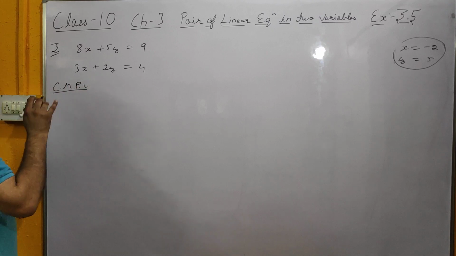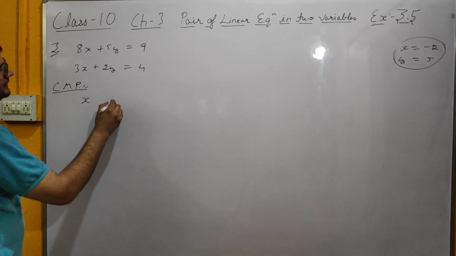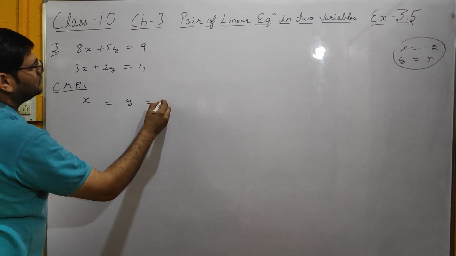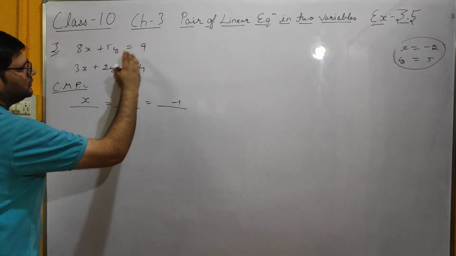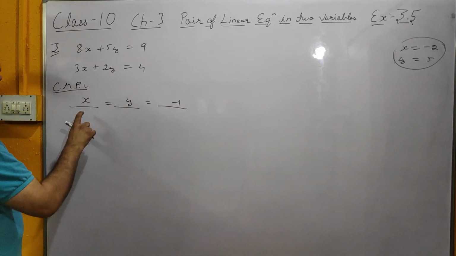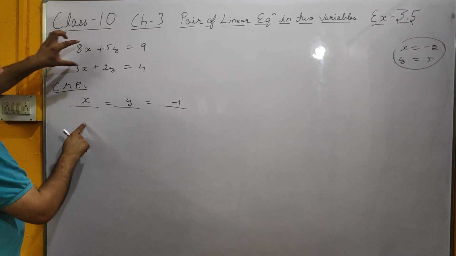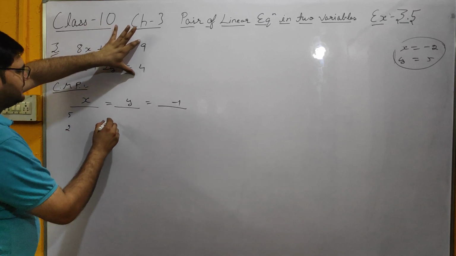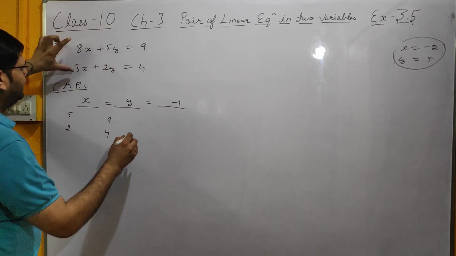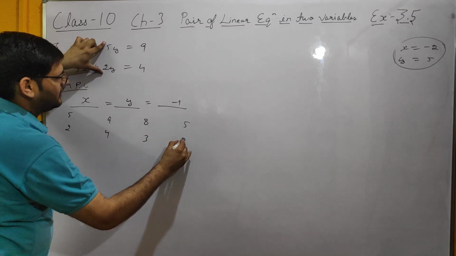So in CMP, the cross multiplication method, it is x then y equals minus 1, we will use, because the constants are towards the right side. Now you can just write the formula and then you have to put the values. I am doing it side by side. 5, 2, then C, then A, and then B again.